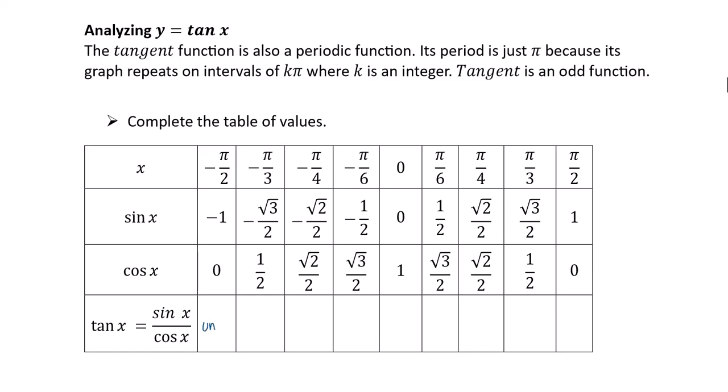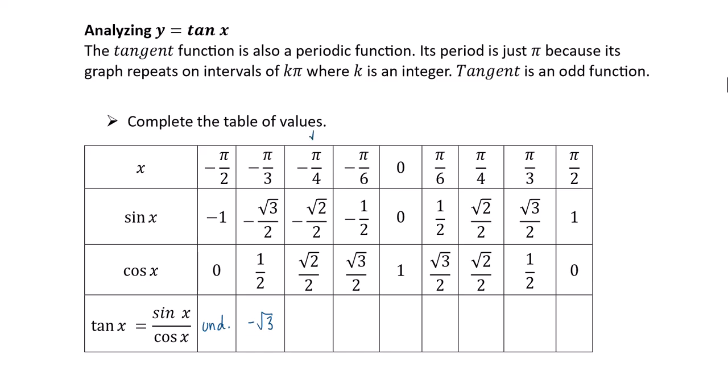We know that that is undefined, so we won't have a graph where the angle is negative pi over 2. If I take negative pi over 3, negative square root of 3 over 2 divided by 1/2, I'll get a negative square root 3.